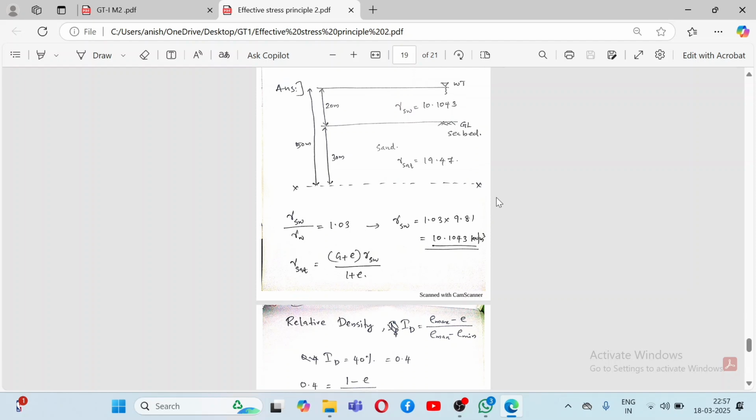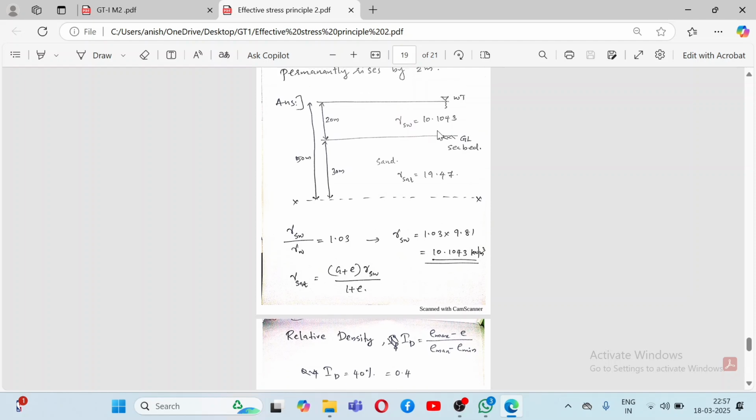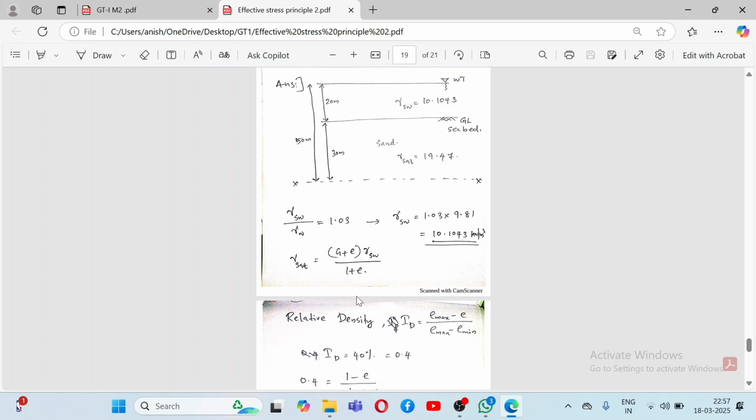So the unit weight of seawater is 10.1043. That's how you get it. So gamma sat is calculated as (G plus e) divided by (1 plus e), multiplied by gamma w, where gamma w here is seawater, so gamma SW. You need to find gamma sat here as the value is not given.